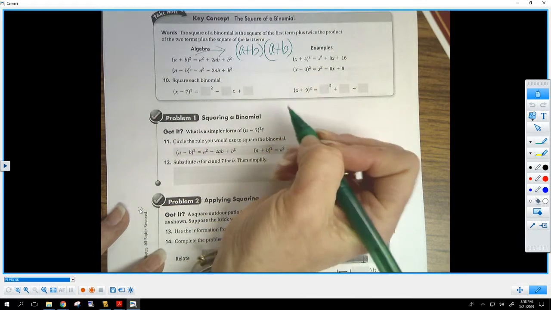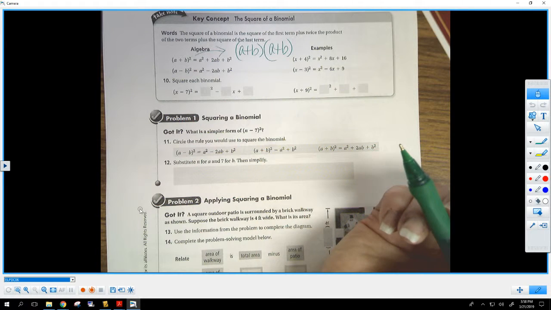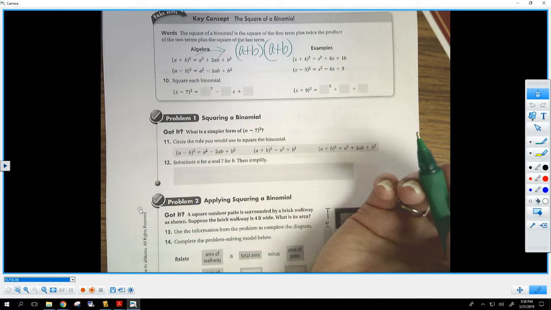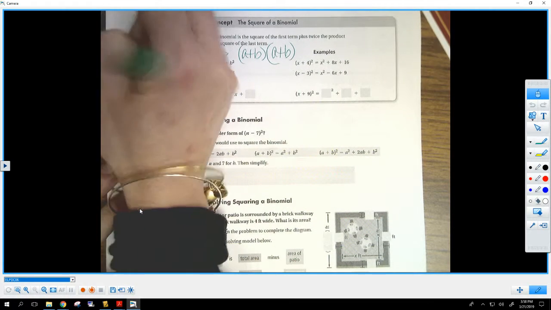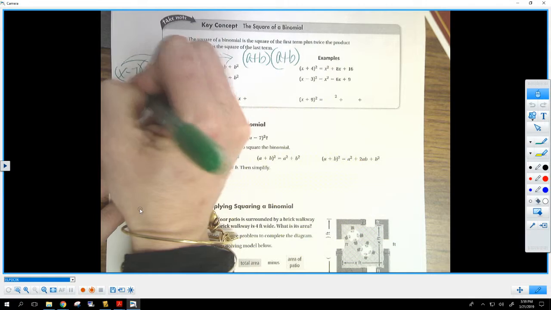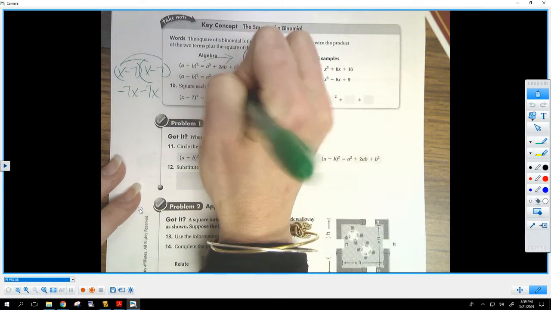Well, again, we would use FOIL, box method, or distributive property. I don't care which you do, but you have to do one of those. So if we do x minus 7, right? X times x is x squared. Then we have outside minus 7x. That's minus 14x.